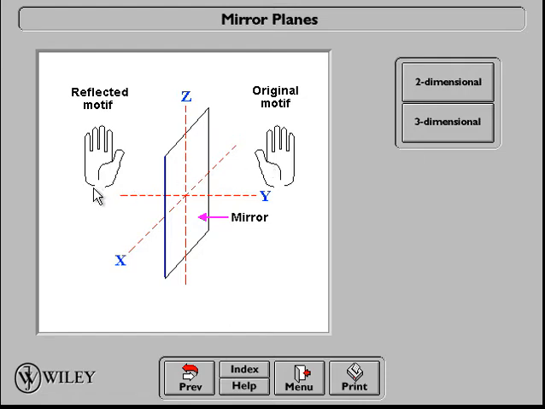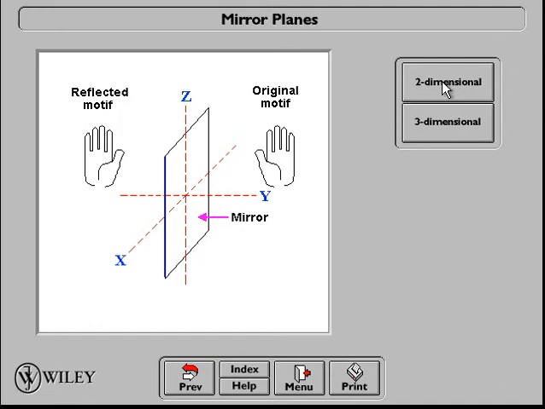And then on the other side of our mirror we have the reflected motif. So we can see our hand just reflected on the other side of the mirror. And these are mirror planes, and mirror planes are also a very important symmetry element when we are talking about crystallography.